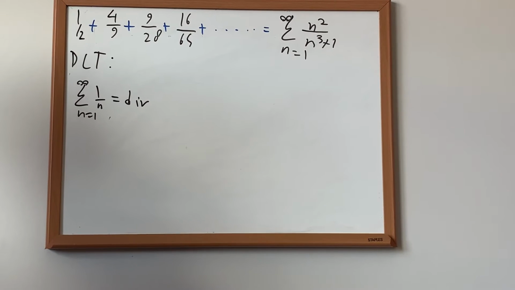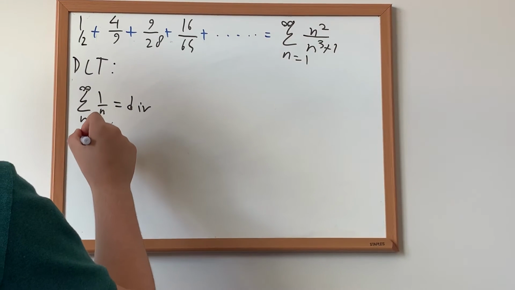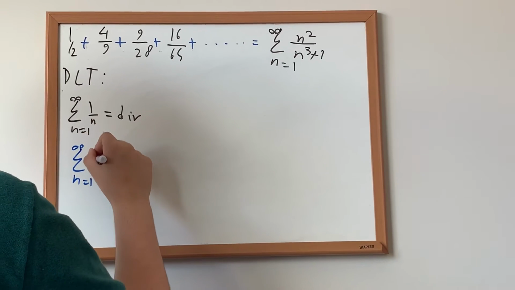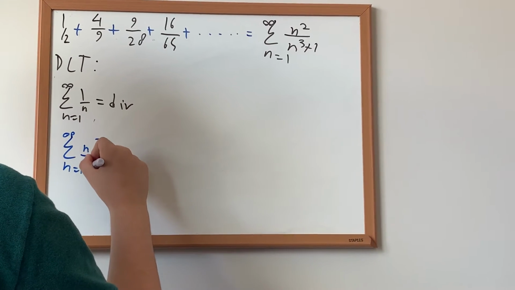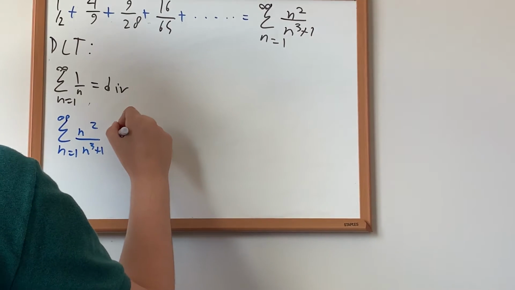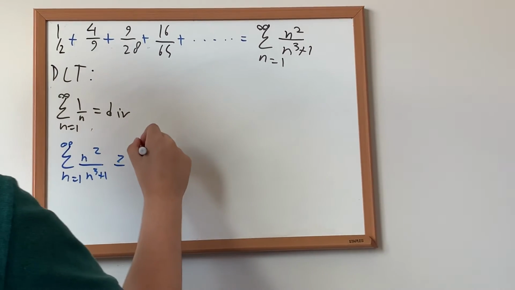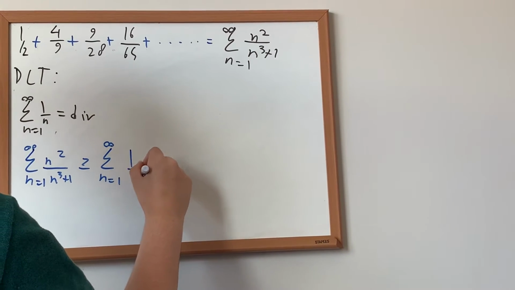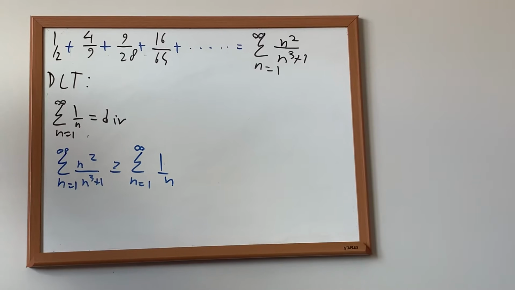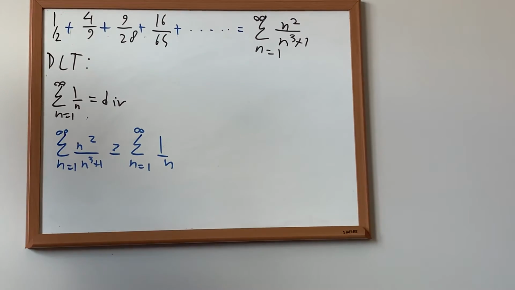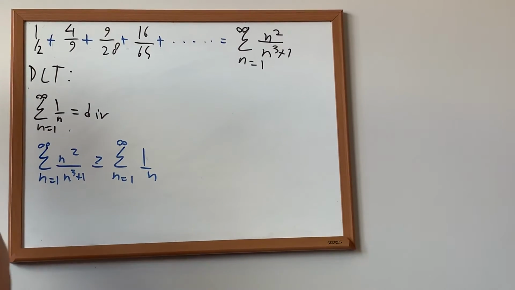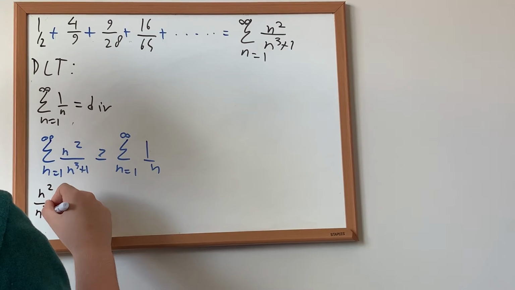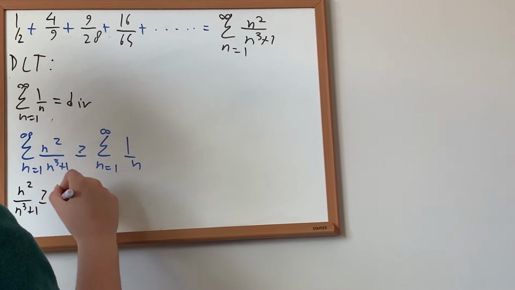Now we can set up an inequality: the sum from n equals 1 to infinity of n squared over n cubed plus 1 is greater than or equal to, because it diverges, the sum from n equals 1 to infinity of 1 over n. Because both have the same sum, we can cancel out the sums, and we're left with n squared over n cubed plus 1 is greater than or equal to 1 over n.